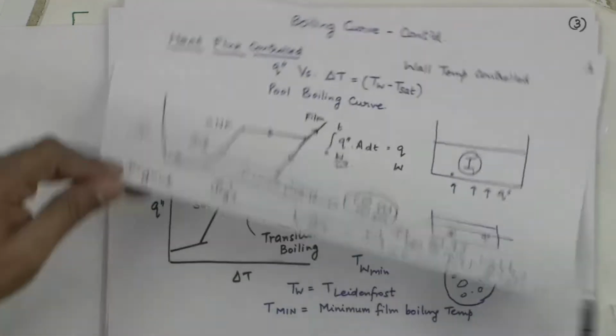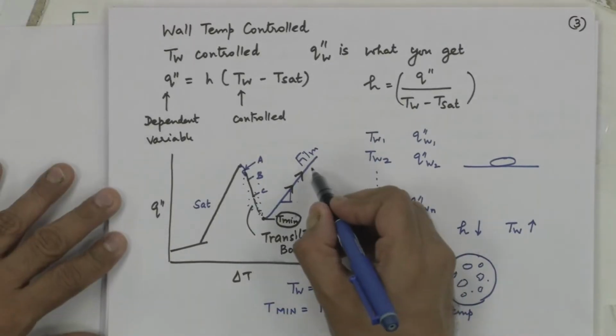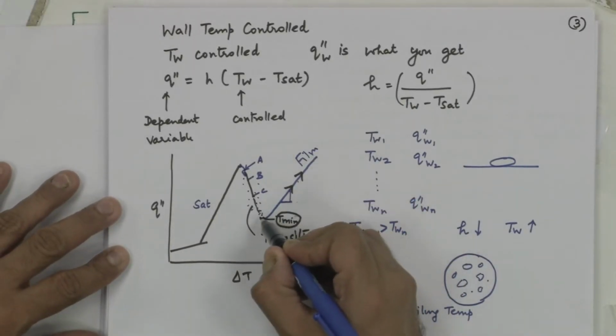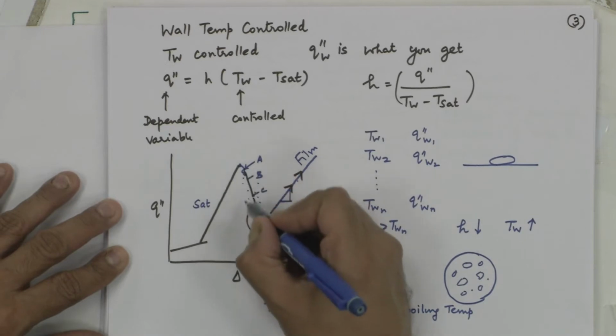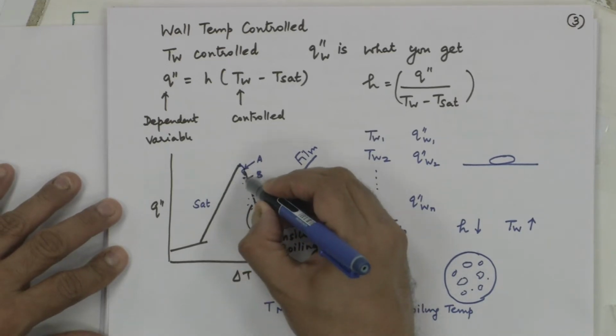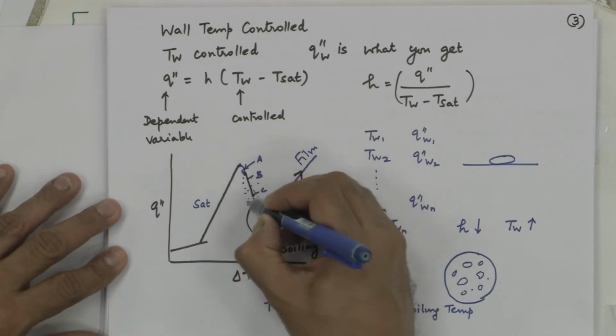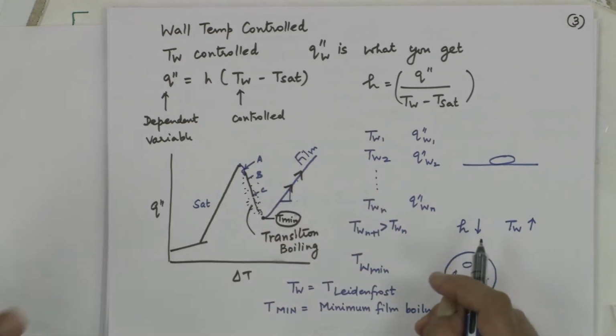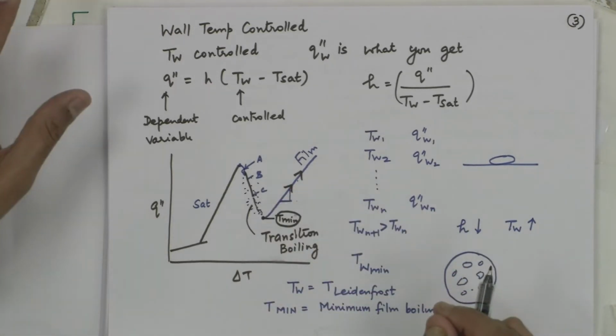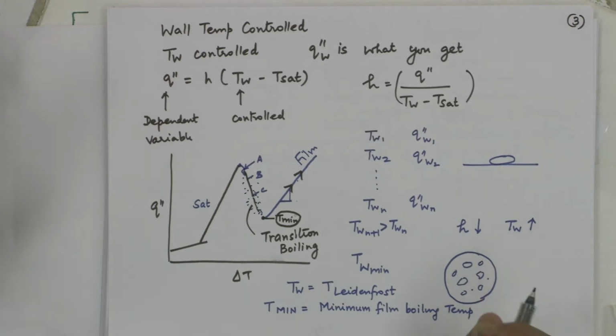In the wall temperature control case, I would follow the same curve with a small hysteresis, but for transition boiling you get very little data, with wide scatter, because what is the temperature that you would measure? You have several spots which are dry, several spots which are wet, and the frequency of one spot being wet versus dry keeps on changing.